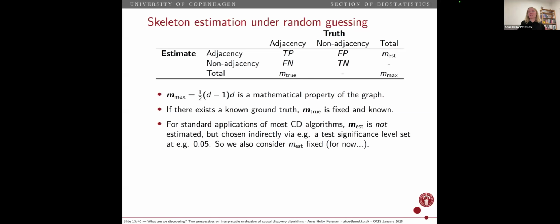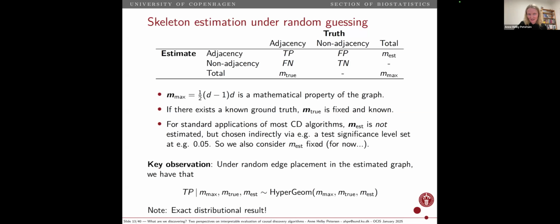For instance, if you use a BIC score in a score-based algorithm, then there's a built-in choice of how many edges are going to turn out. It's not something we typically tune the algorithms to estimate. So at least for now, we will also consider m_est fixed.